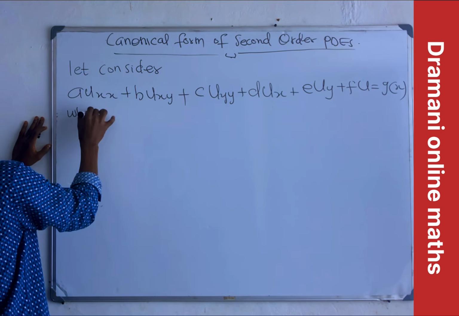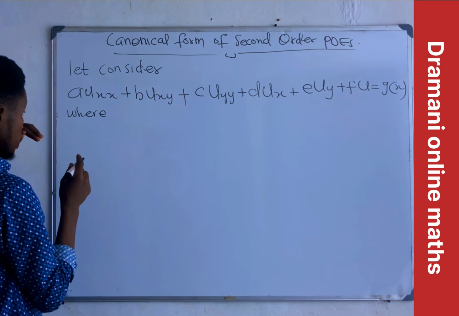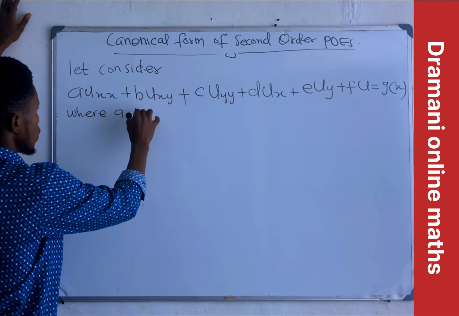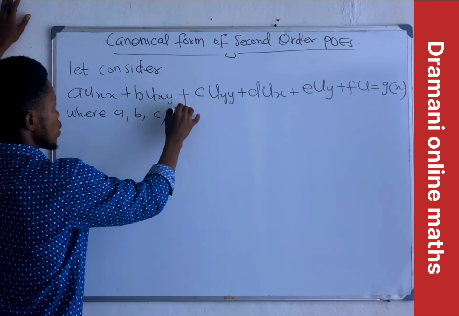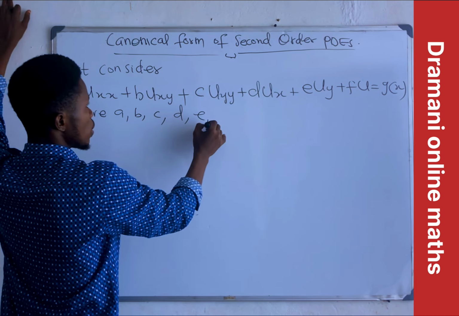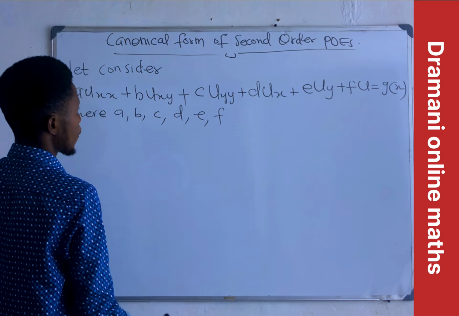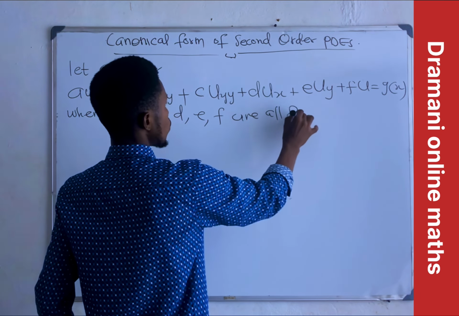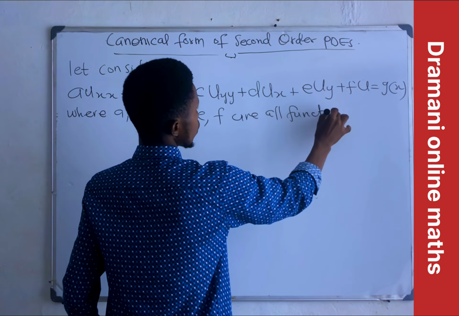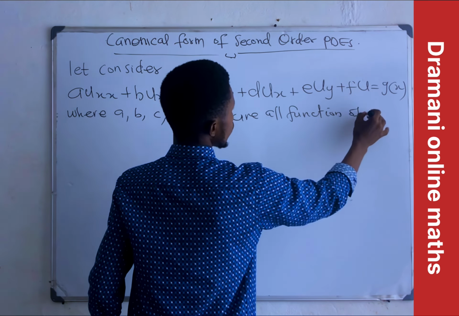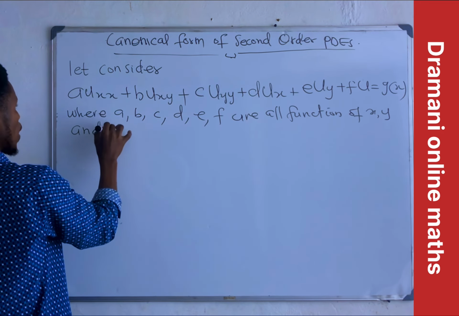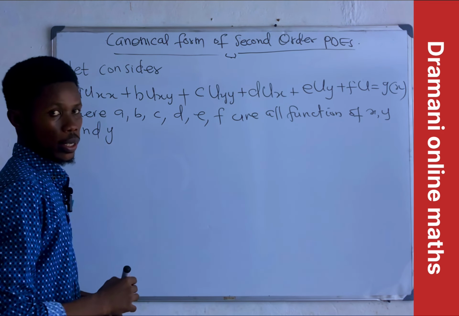Where A, B, C, D, E, F are all functions of x, y, and what? u. Is that okay?